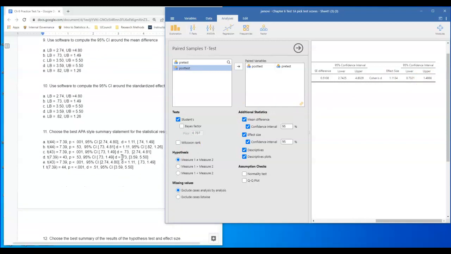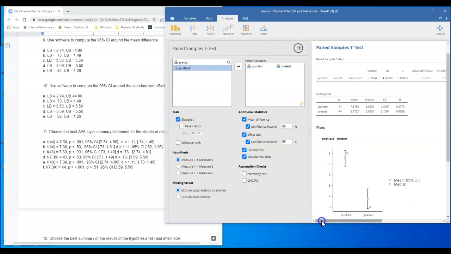All right, next we have to choose the best APA-style summary statement of the statistical results. So first thing we want to look at here is what is our T? Our T is 7.39 with 43 degrees of freedom. So we're looking for 43 and 7.39, and there are actually only two of them here.